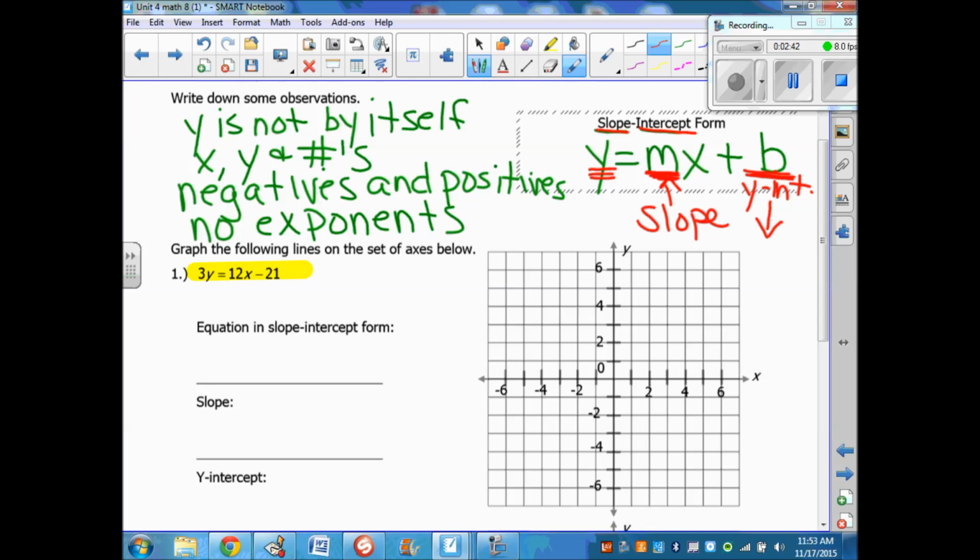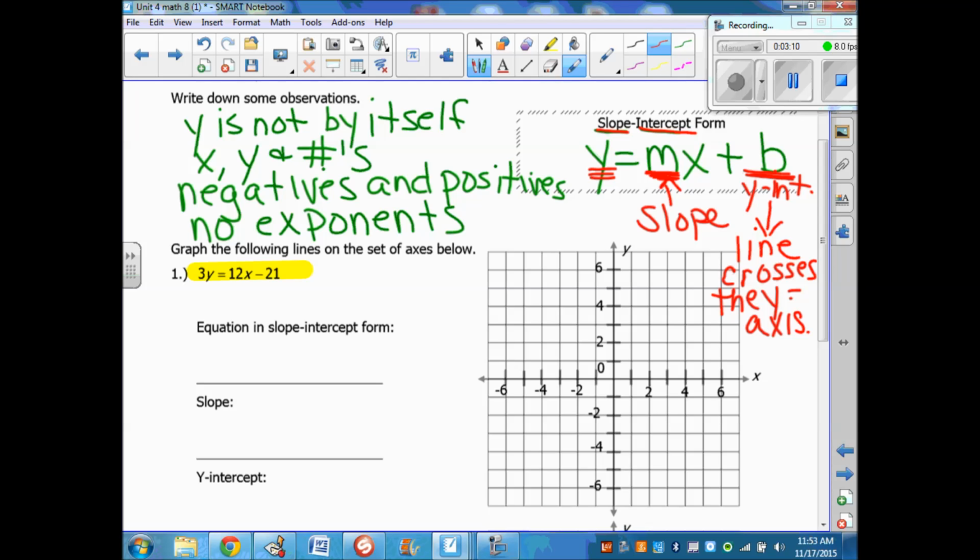It means where the line crosses the y-axis. To intercept is to cross. It's where the line crosses the y-axis. The y-axis is the vertical axis, the one that goes up and down.